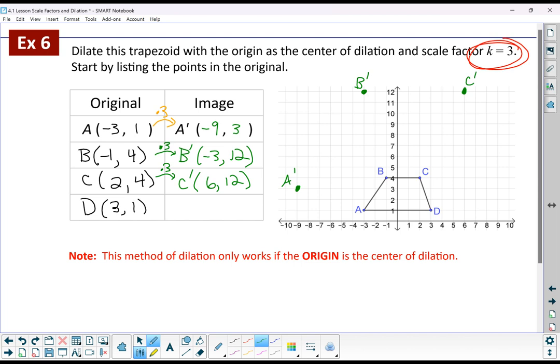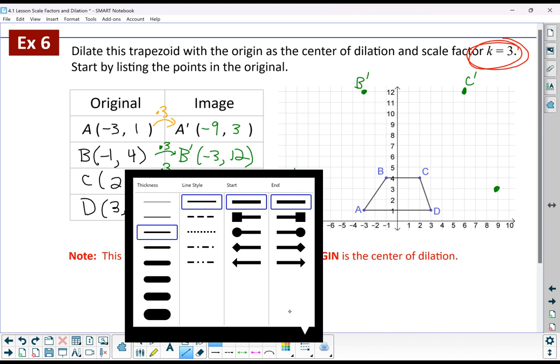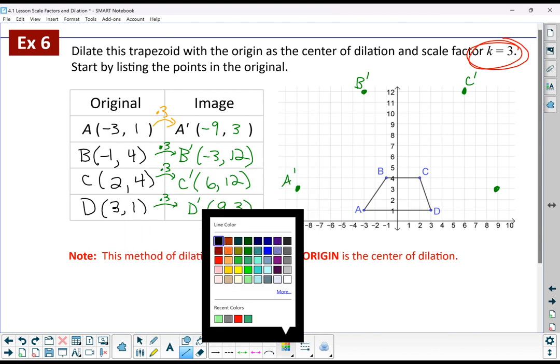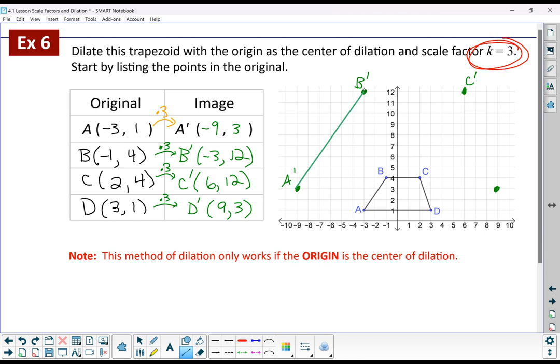And our last point D, if I multiply that by 3, I get point D prime is 9, 3. If we connect those points, it will give us our dilated shape: A prime to B prime, B prime to C prime, C prime to D prime, D prime to A prime. There it is.